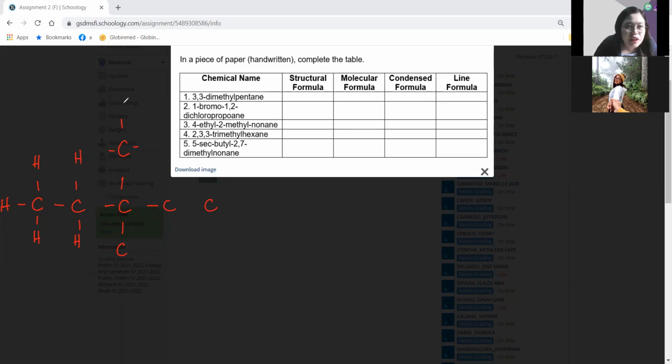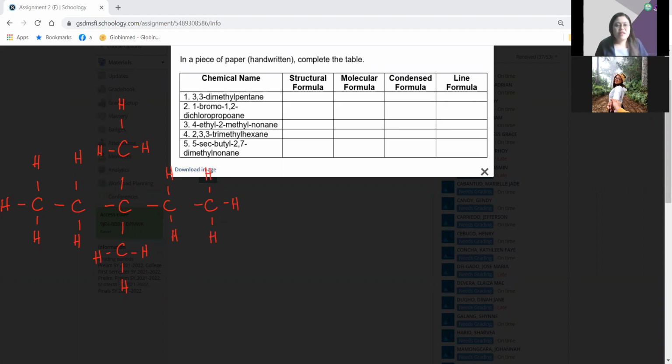But for the carbon on top, kailangan ng 3. And then that is also true para sa carbon na nasa baba. And then next, we have 2 bonds here. So this carbon only needs 2 hydrogen. And lastly, this carbon here at the terminal needs 3 hydrogen.